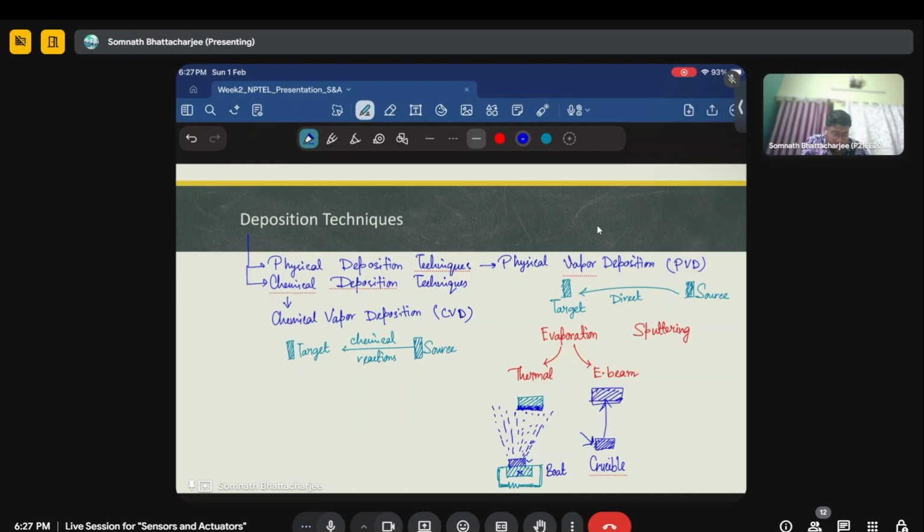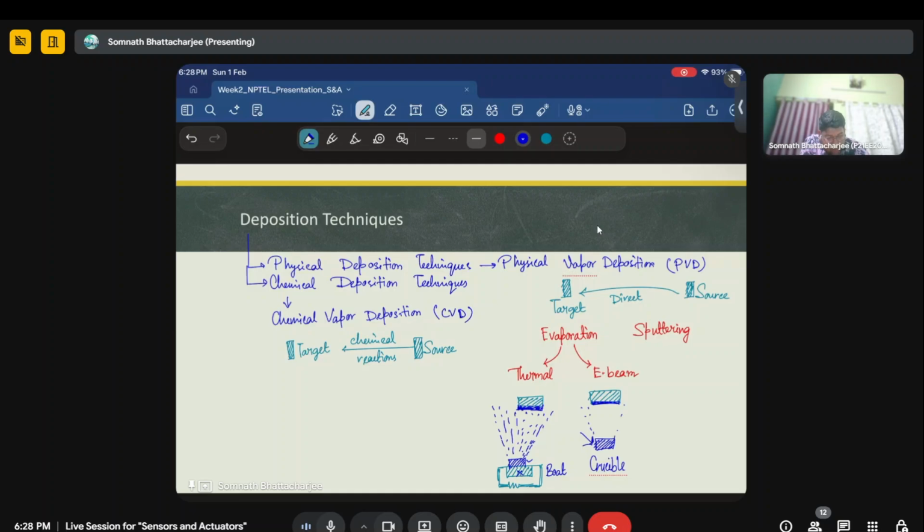Inside a crucible, the process is very similar.